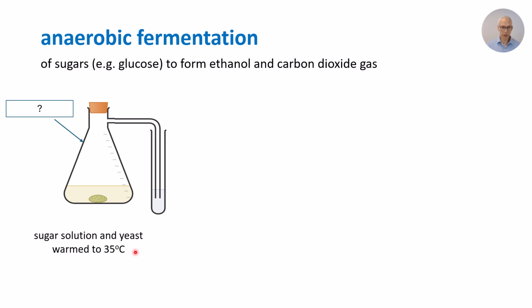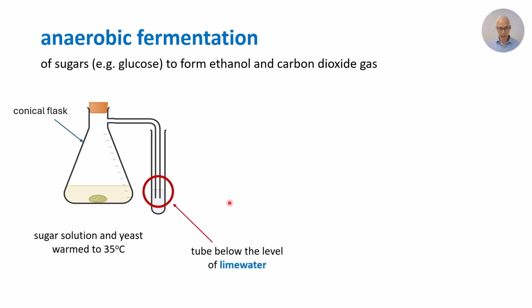At a lower temperature, the rate of reaction is too slow. So you are expected to recall that fermentation ideally is at around 35 degrees Celsius. Another question that comes up in paper 6, can you name this piece of apparatus? You're right, it's a conical flask.